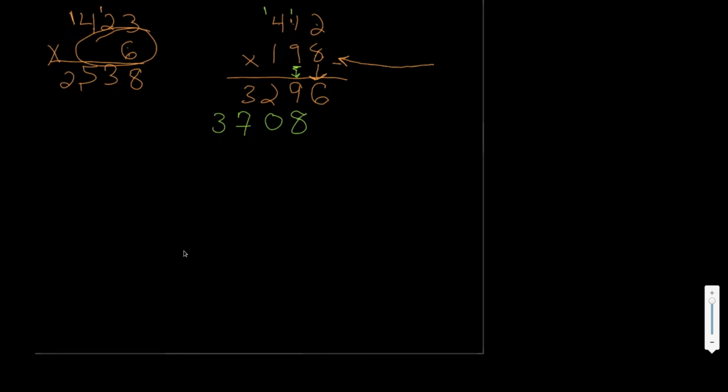All right, I have one more digit to go, which is the 1. Again, I'm going to line up directly below, but on a new line down here. 1 times 2 is 2. 1 times 1 is 1. And 1 times 4 is 4.